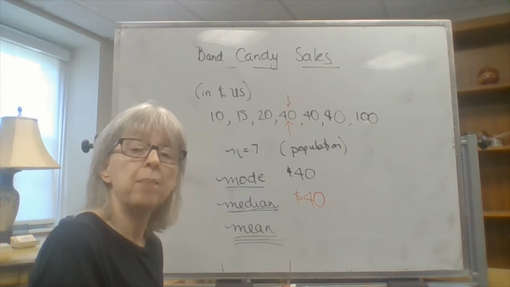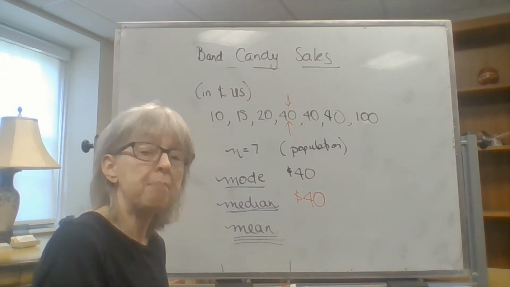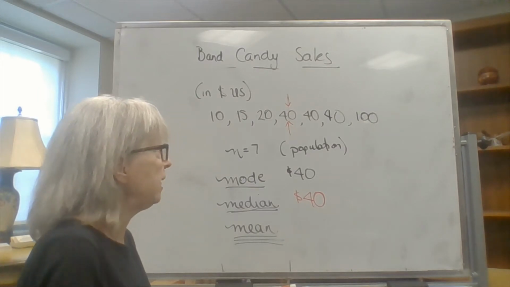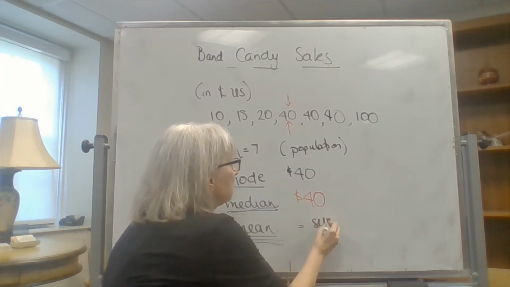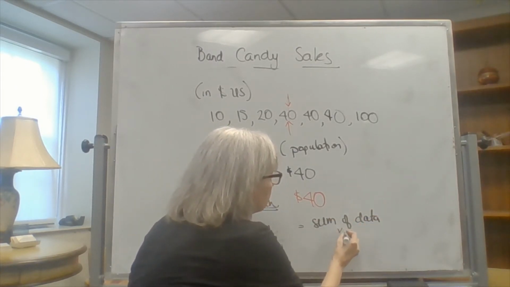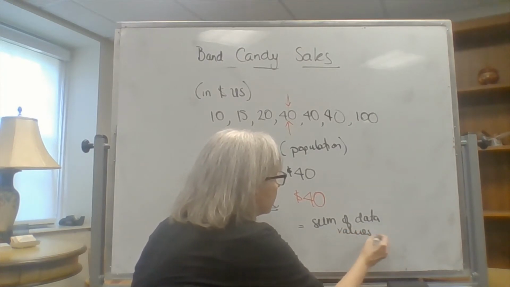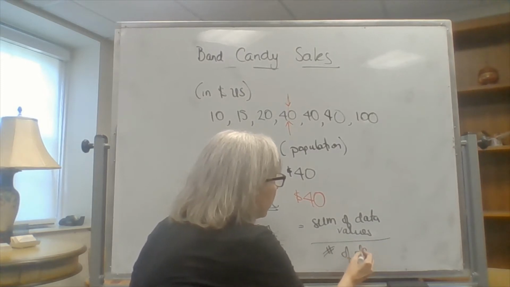Mean is a mathematical term. And the mean of a set of data is the sum of the data values divided by the number of data values.